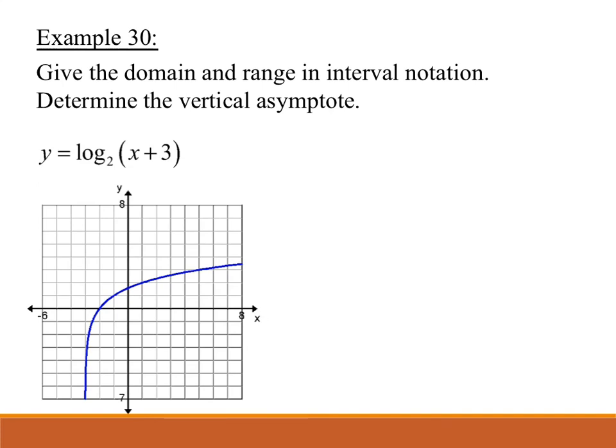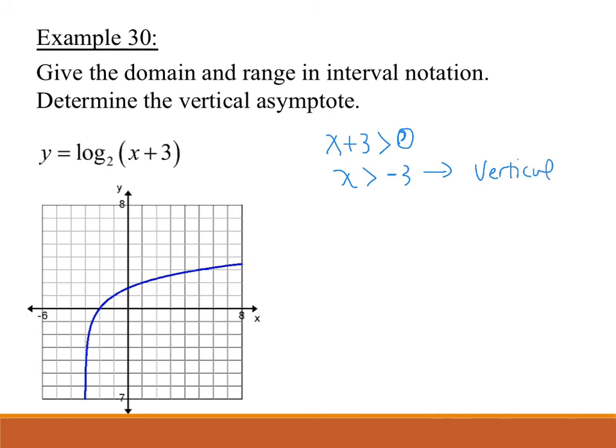So here we're just going to give the domain and range in interval notation. Determine the vertical asymptote. Well, that's simple. x plus 3 has got to be greater than 0. So x has got to be greater than negative 3. This tells me this is the vertical asymptote at negative 3.